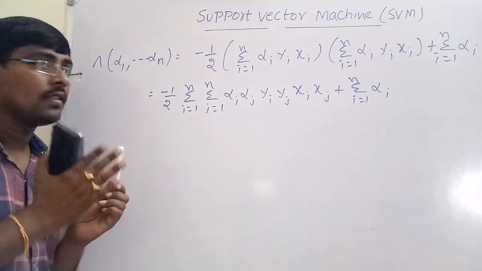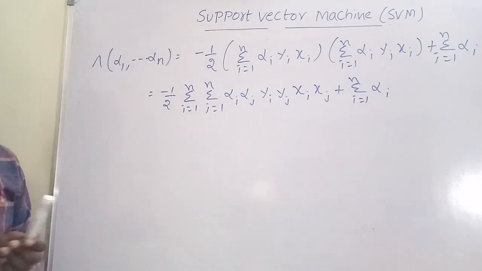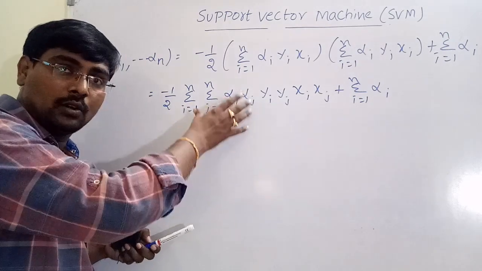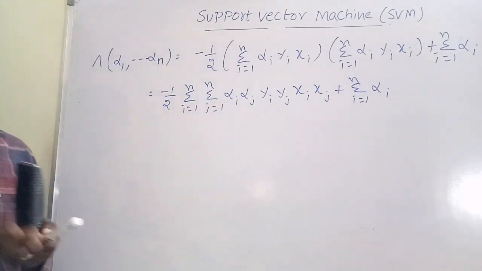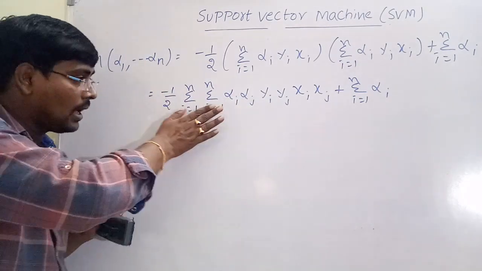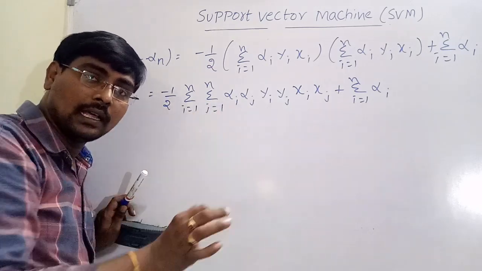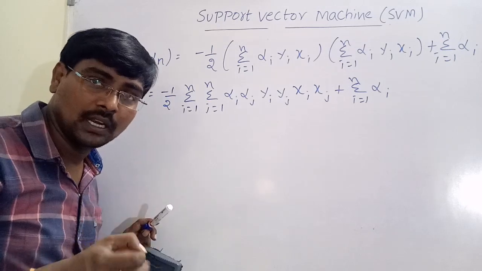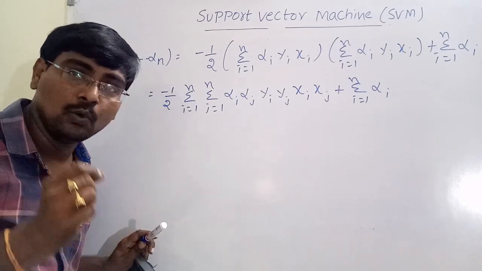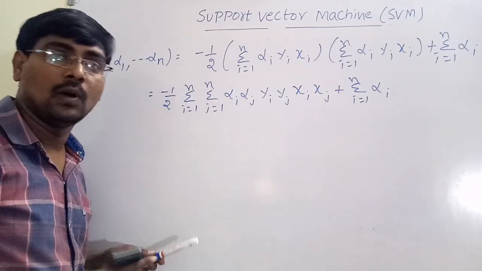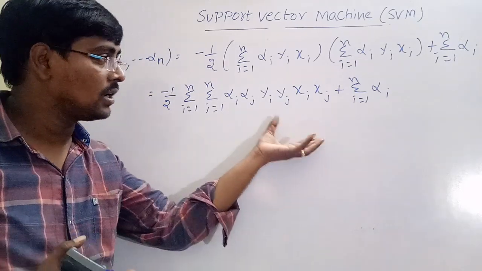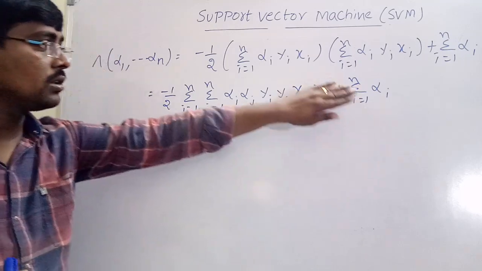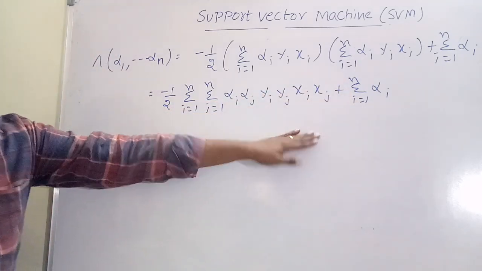What is this? The dual optimization problem is to maximize this function under positive constraints and one equality constraint. Under the positive constraints we have to maximize this value, and under the equality constraint also we have to maximize this function value.